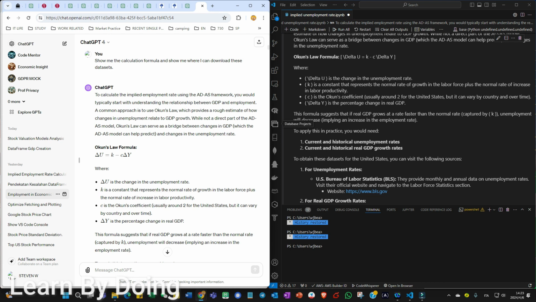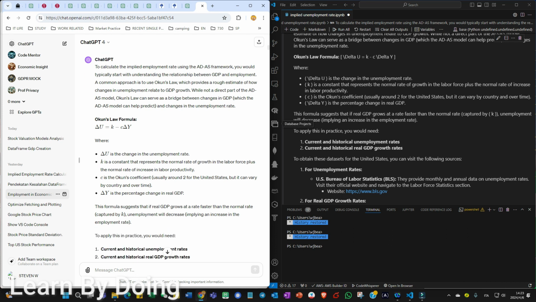Of course, if you want to be prudent about this analysis, you always need to check every parameter and every formula in the academic literature and in academic books. I have not done that. I just want to show you how I go through this analytical procedure. This delta y is the percentage change in real GDP.